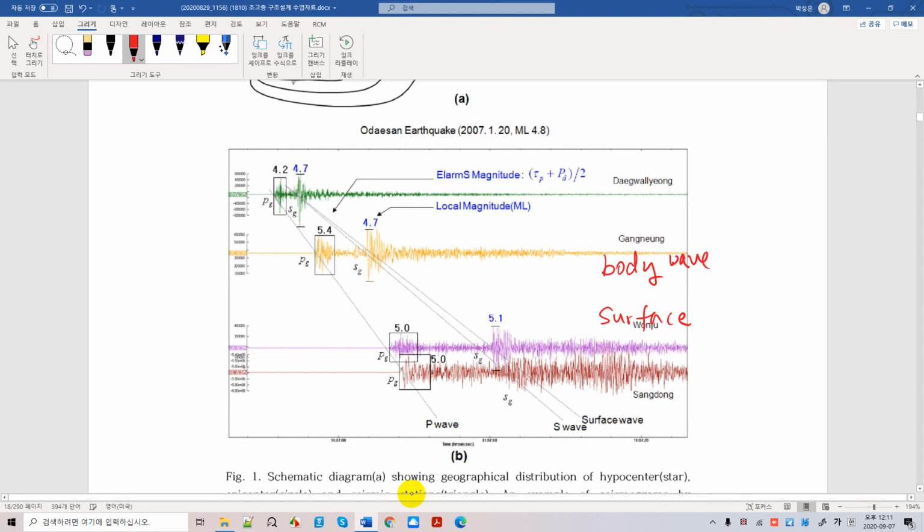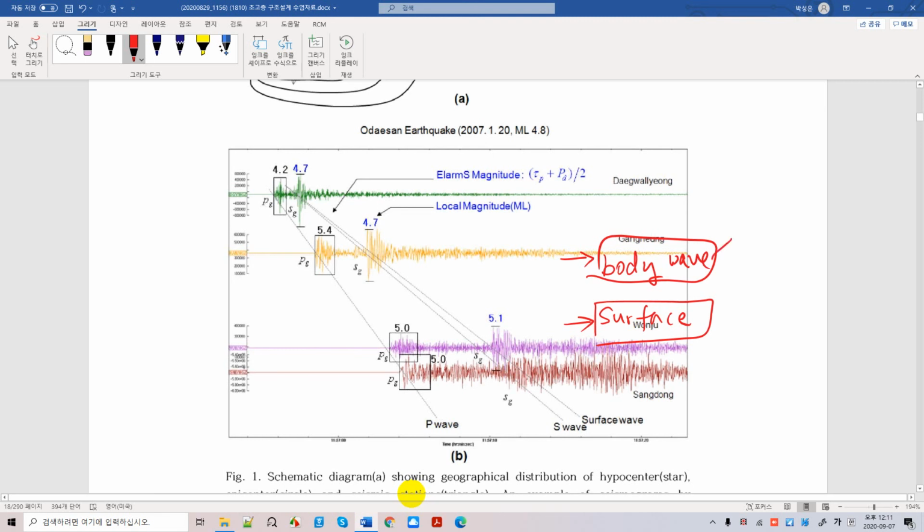Body waves occur and propagate in the body of the earth, whereas surface waves travel on the surface of the earth. That is how we name these two waves, according to where they originate and where they travel.